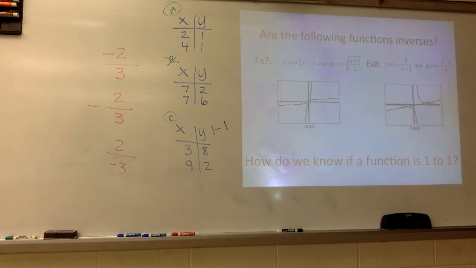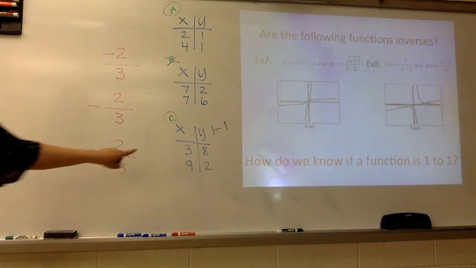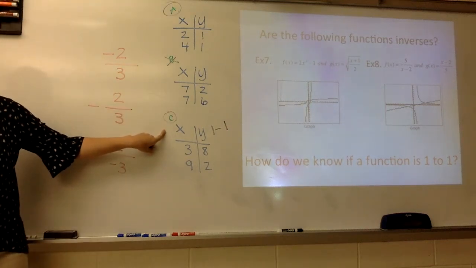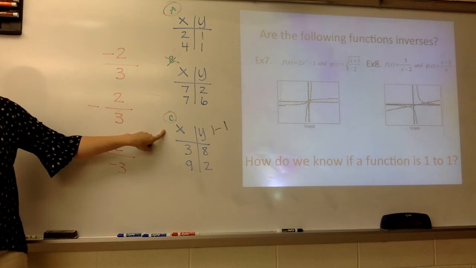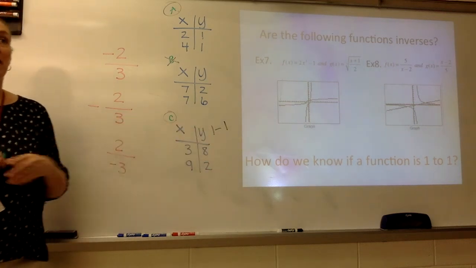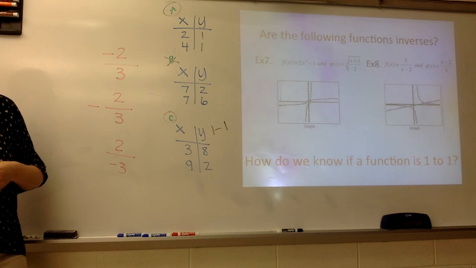Correct. What if you didn't have an equation and you had a table? How do you determine if something is one-to-one? Correct. That there are no repeated x or y values that match up. That's the easiest way to look at that.